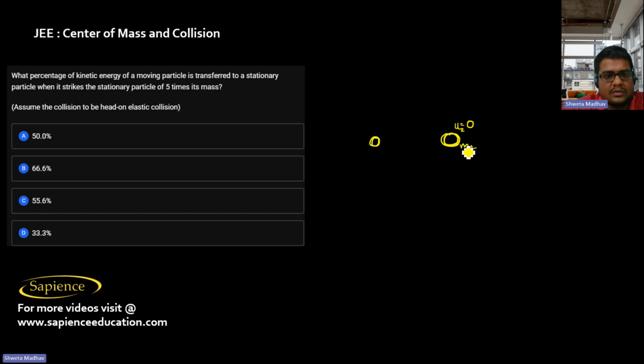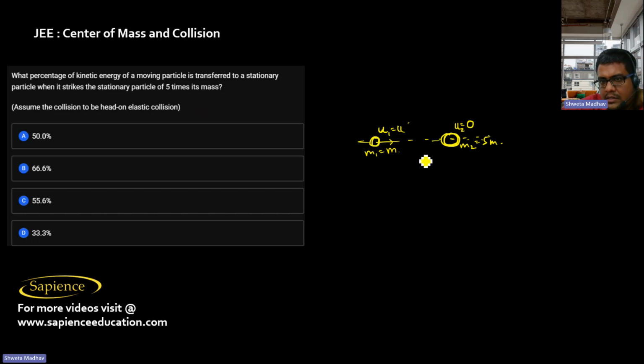Its mass, suppose m2, is equal to 5m. And this particle or object is moving with an initial velocity u1 equal to u, and its mass m1 is m. Then how much percentage of its kinetic energy will be transferred to the stationary particle if there is a head-on elastic collision?